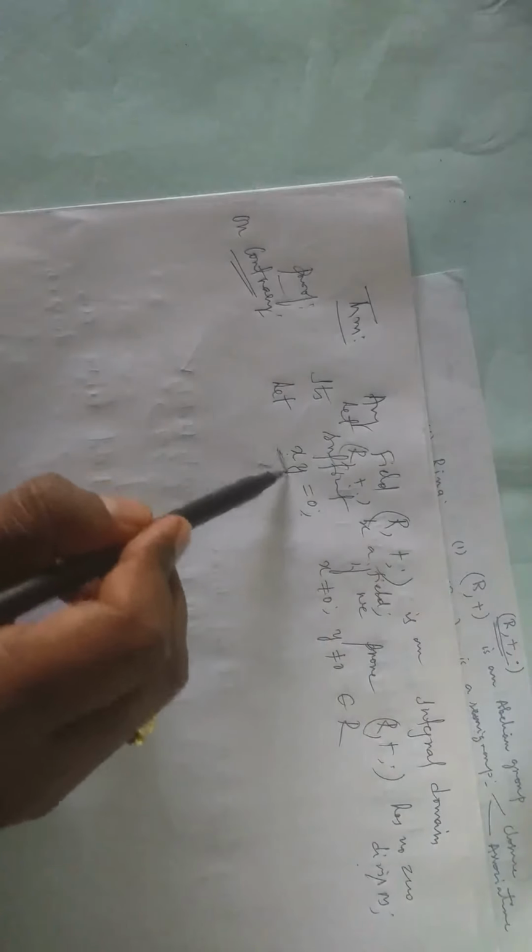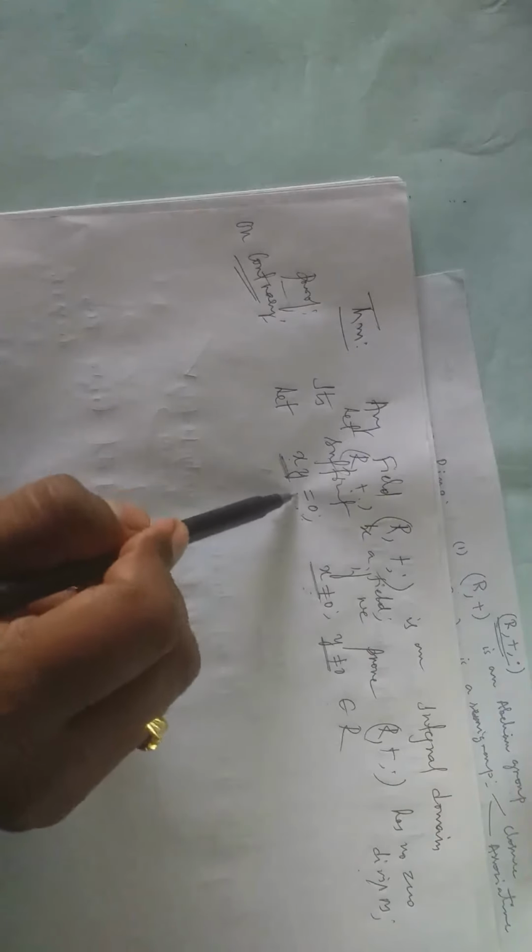It's a contradiction argument. Getting my point? Because I need to show it doesn't have any zero divisors, but I am assuming it has zero divisors. Product of two non-zero elements is 0.